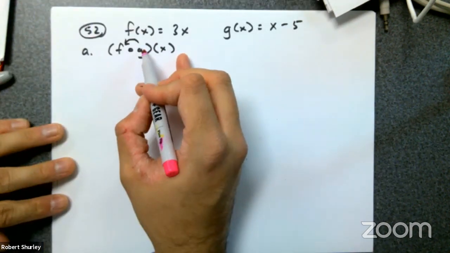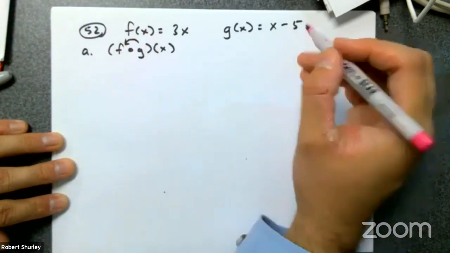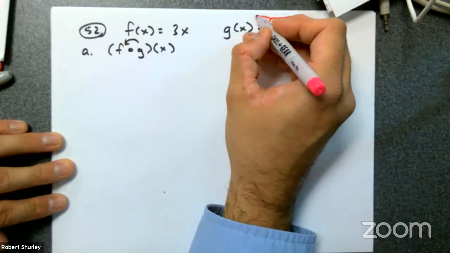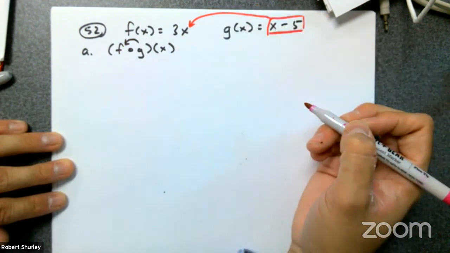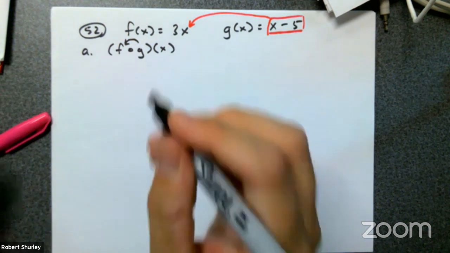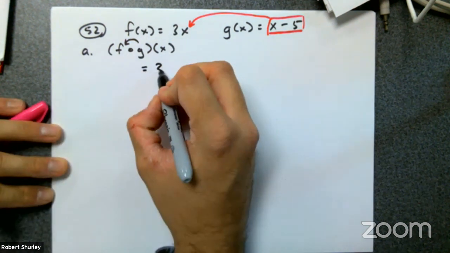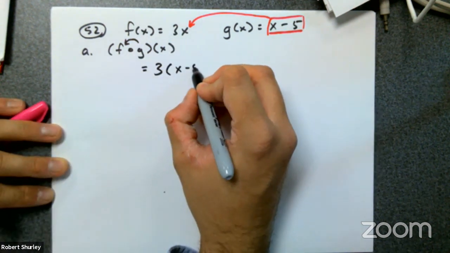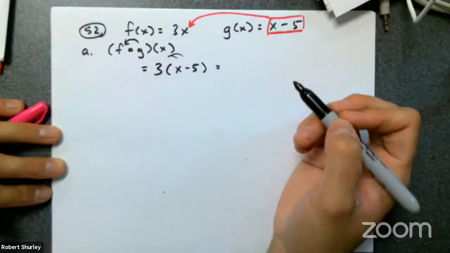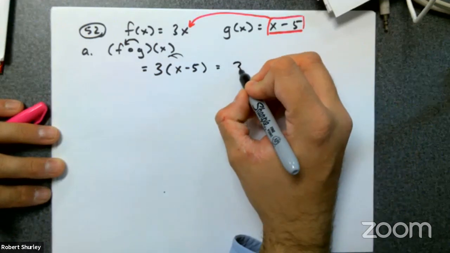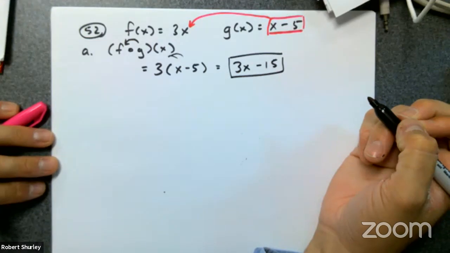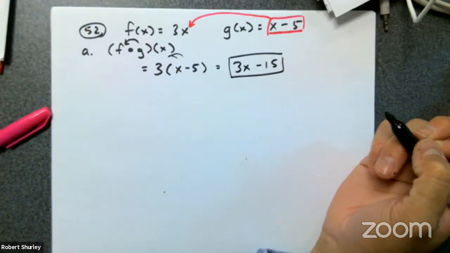So I'm taking this g function and putting it into the x value of f for part A. So that's just equal to 3 times x minus 5, okay? Now distribute the 3, and you wind up with 3x minus 15, okay? 3x minus 15.